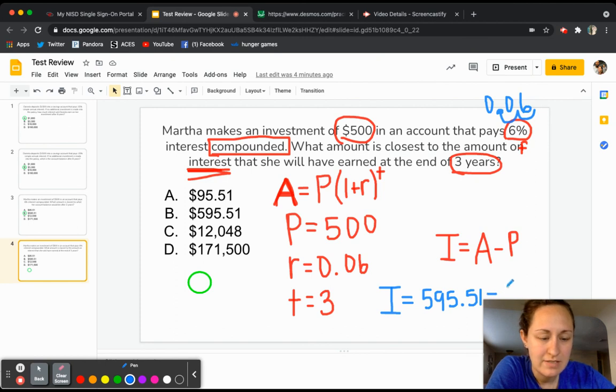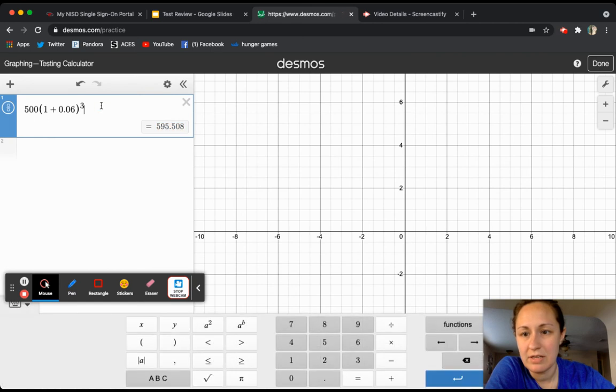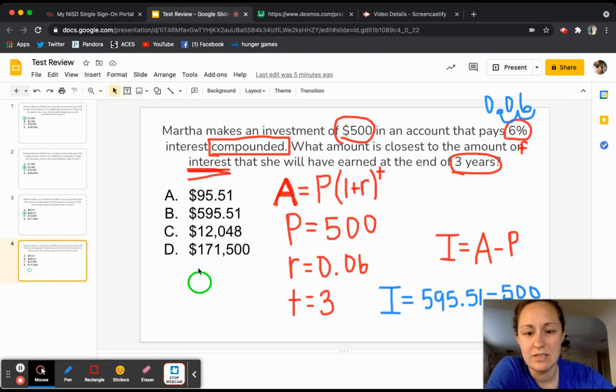So minus 500, because 500 was our principal, 500 is what we started with. So we go back to our Desmos calculator and we need to subtract our principal. So subtract 500. The amount of interest that we earned was $95.51. So we drag this over to our answer.